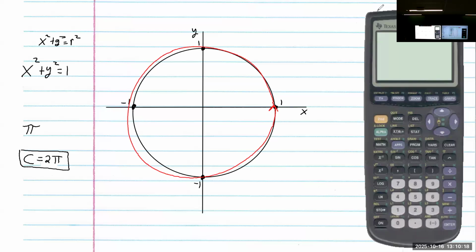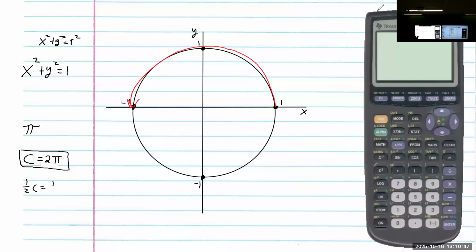All right. And I've cut the circle into quarters here. So if the whole circle is 2 pi, then how much is just the top half? If the whole thing is 2 pi, then how much is half?